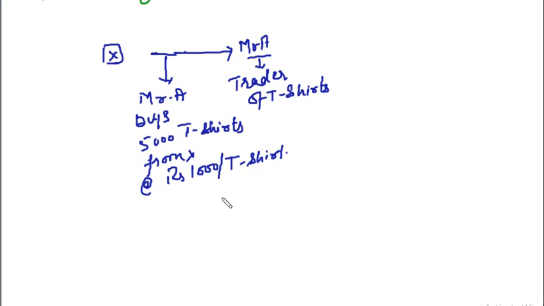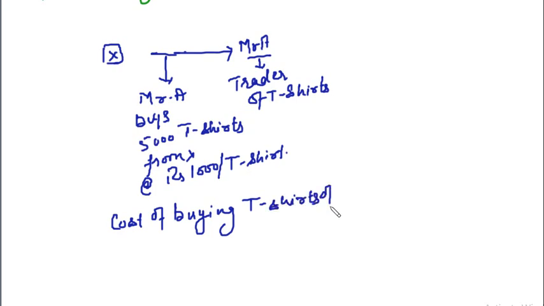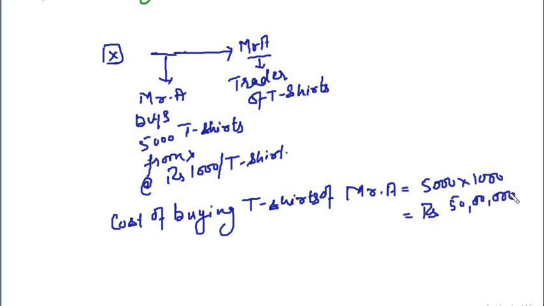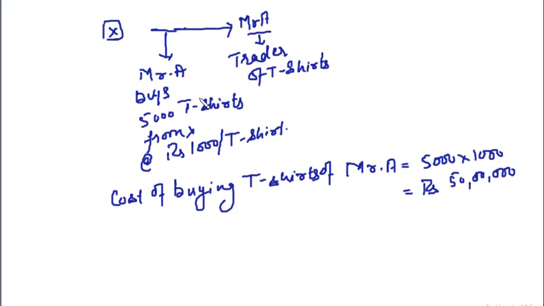Clear? Now, what is the cost of buying t-shirts for Mr. A? 5,000 t-shirts multiplied by 1,000 per t-shirt. This comes to 50 lakhs. Now, Mr. A will obviously sell these t-shirts at some margin. That is, he will sell at a rate higher than 1,000 rupees. Isn't it?